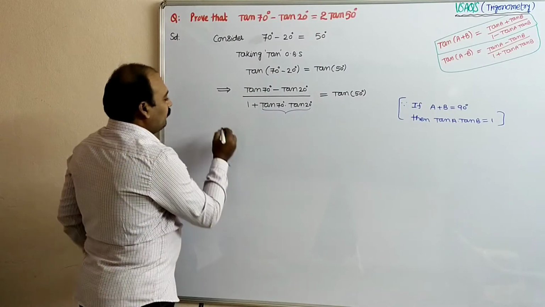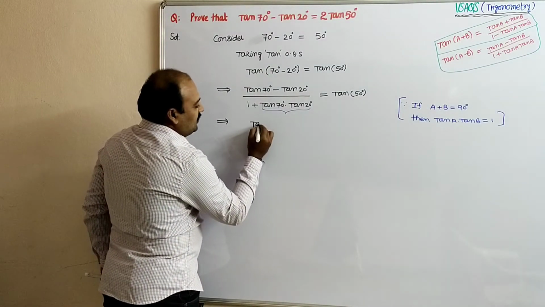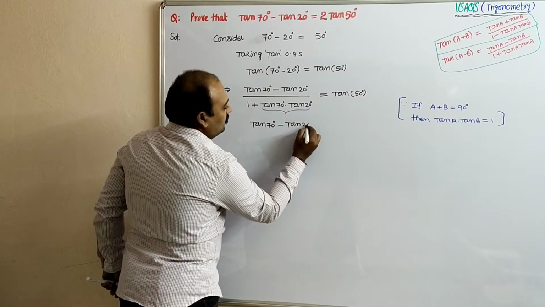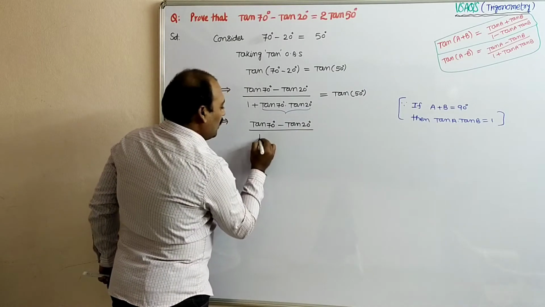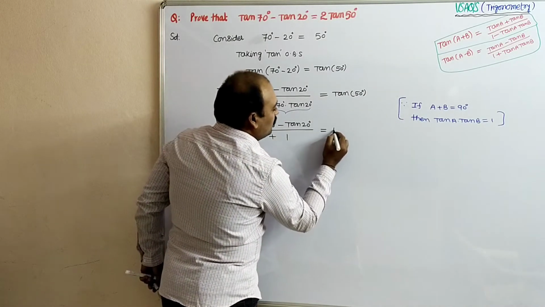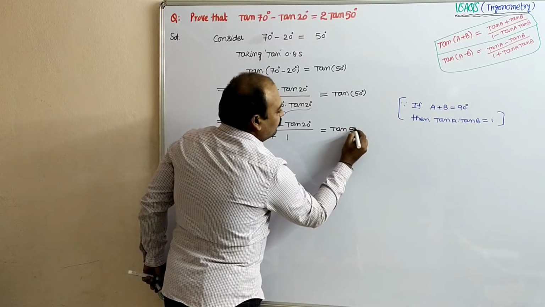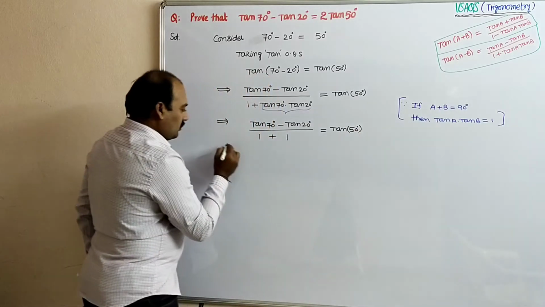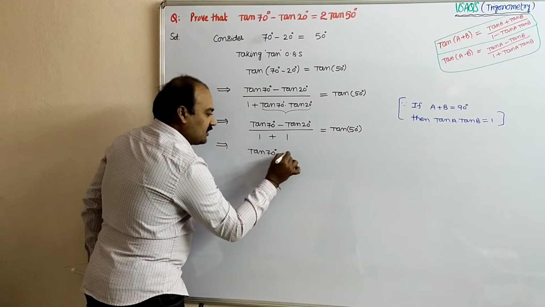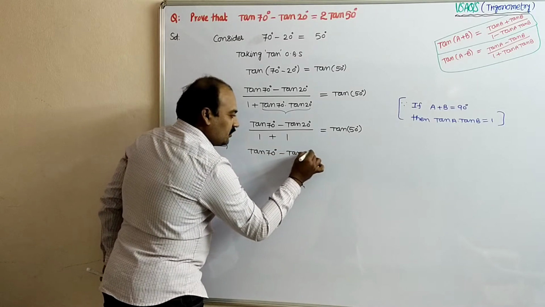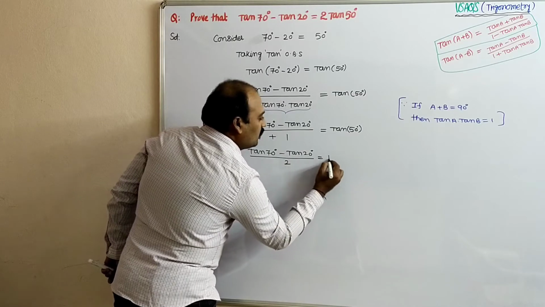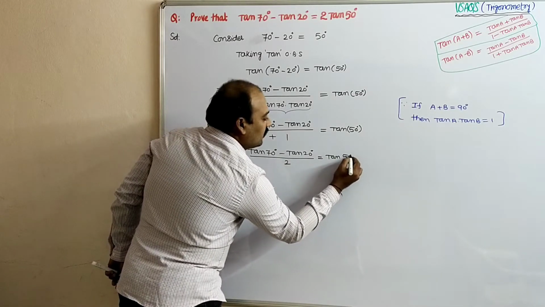So now tan 70 minus tan 20 divided by 1 plus 1, since by using this property, which is equal to tan 50. So tan 70 minus tan 20 divided by 2 equal to tan 50.